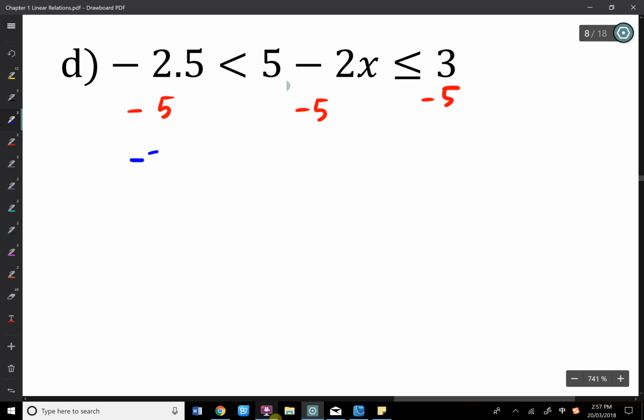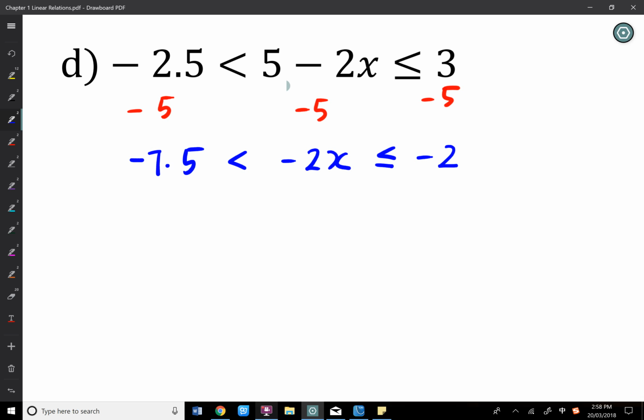So we have minus 7.5 less than minus 2x and minus 2. What should I do next? When you divide by negative 2, what will happen? All the signs need to flip.